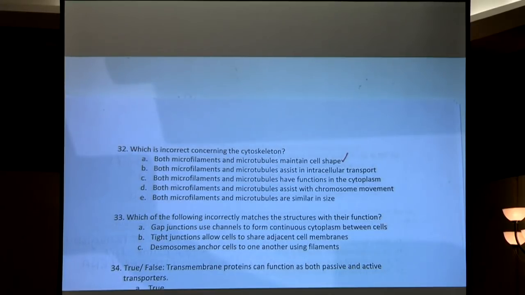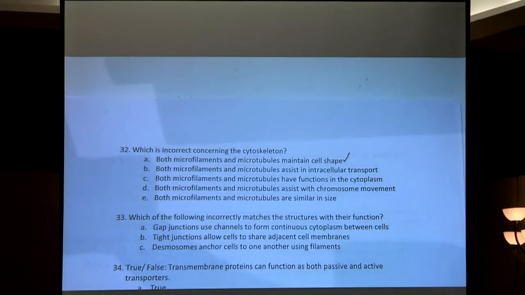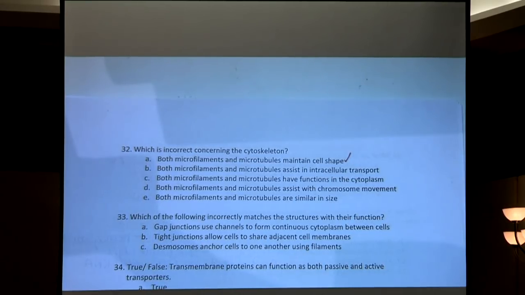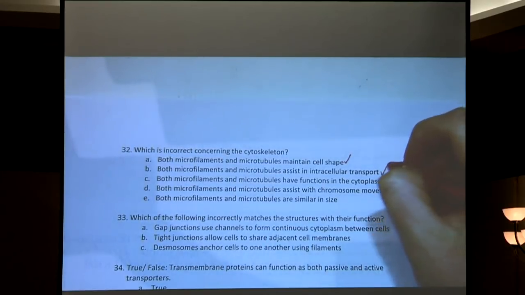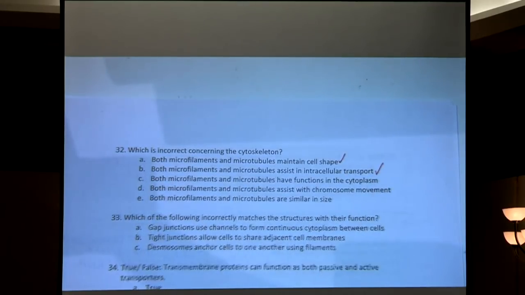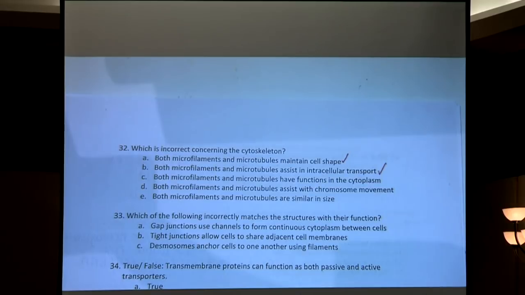It helps you maintain your shape. Both microfilaments and microtubules assist in intracellular transport. What do we think? Good, so that will also be true. Both microfilaments and microtubules have functions in the cytoplasm. Good, true. We normally find them in the cytoplasm, so we expect them to function there.